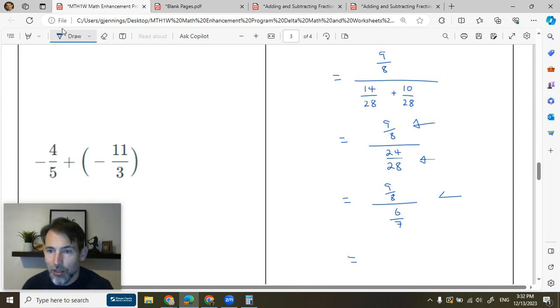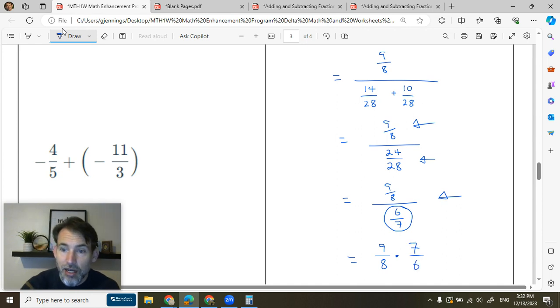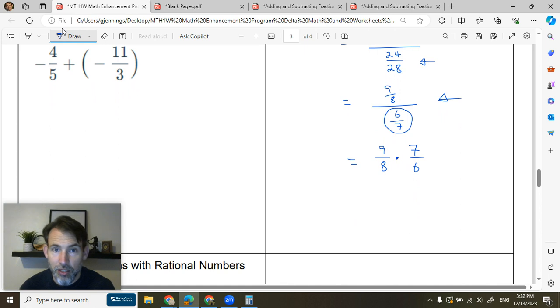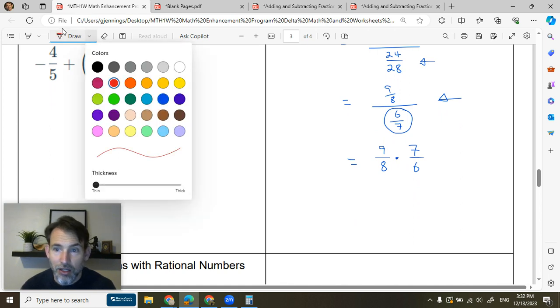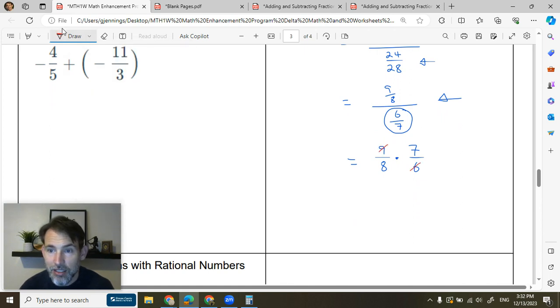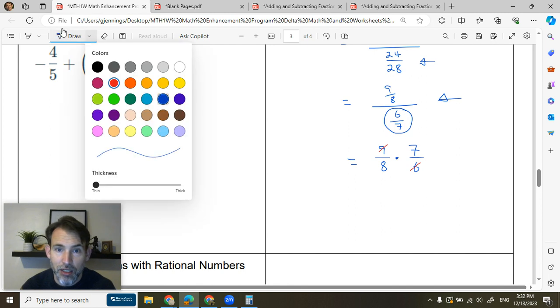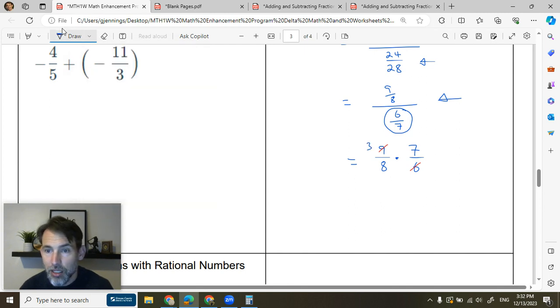This is a divide-by question. So when we divide by, we take the bottom one, flip it, and multiply. So this is just 9 over 8 multiplied by 7 over 6. And now, folks, there's a cancellation available to us. Good luck for us. This 9 and 6 both share a factor of 3. So that would be 3, and that would be 2 when I divide both those by 3.